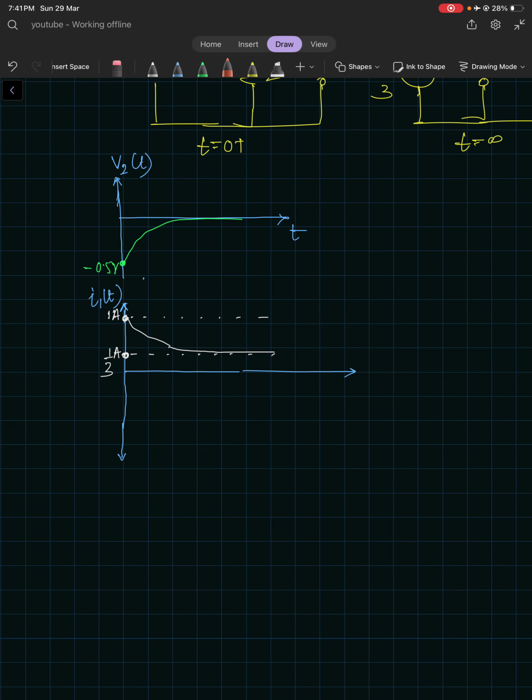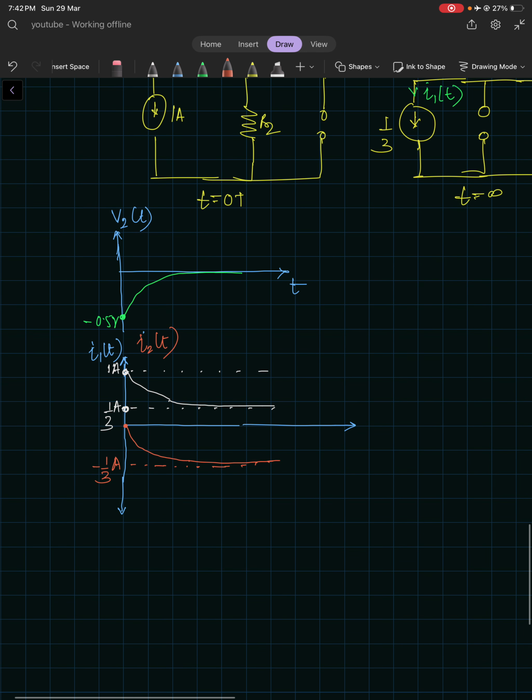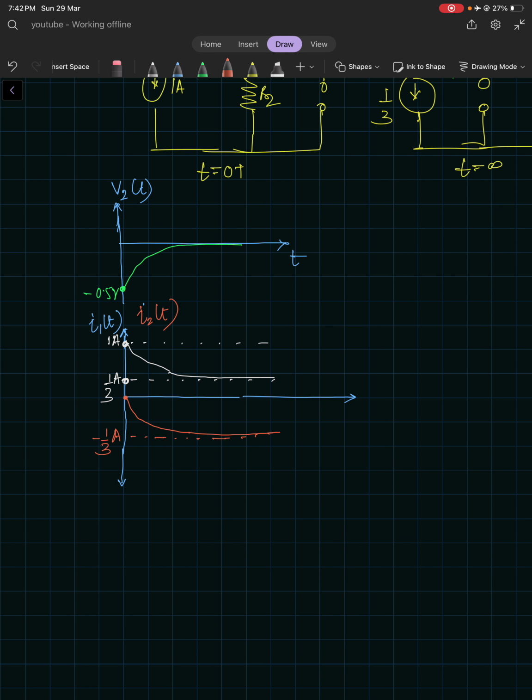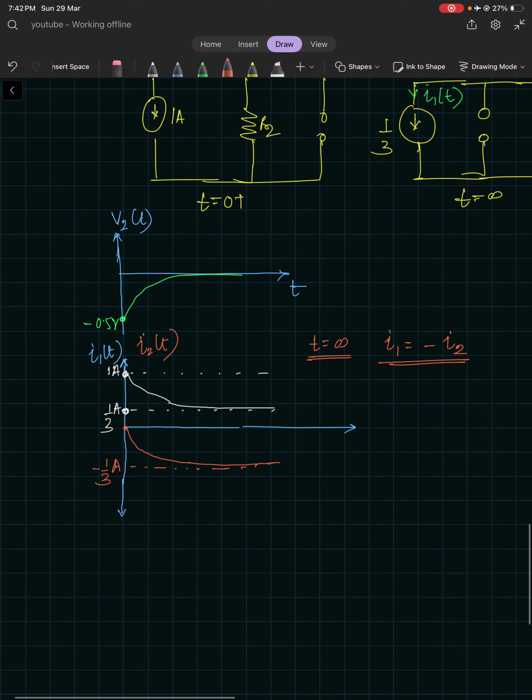Let's say I2 was starting from 0 and it was going to minus 1 by 3 ampere, right? So at t is equal to infinity, in the steady state, I1 was equal to minus of I2, right?